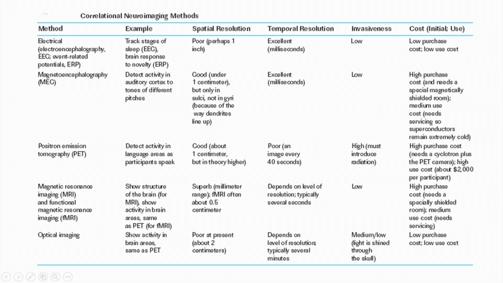An example of using the EEG is to find out brain patterns during sleep, or in terms of ERP, something like P300. Now, P300 is a component. When I say a component, what does it really mean?